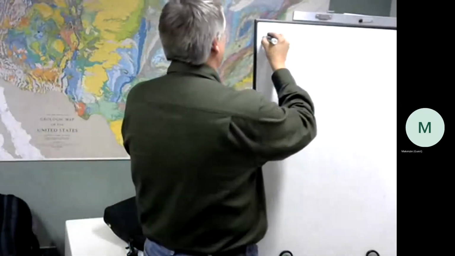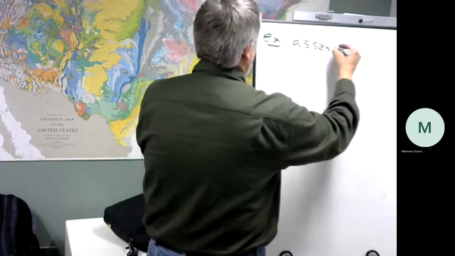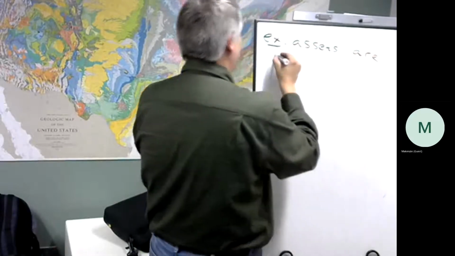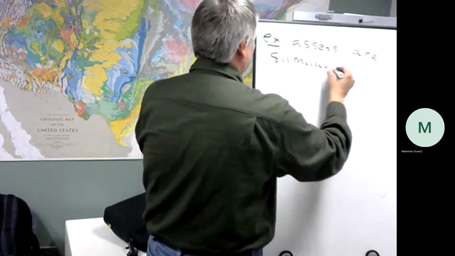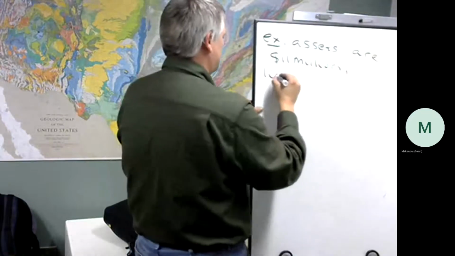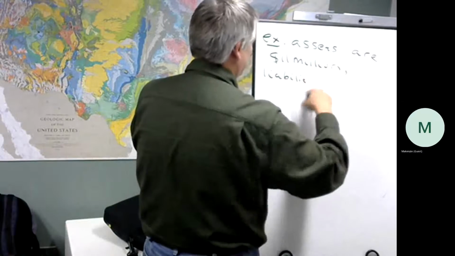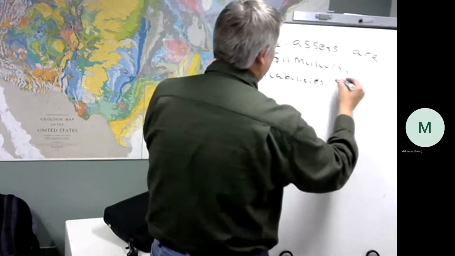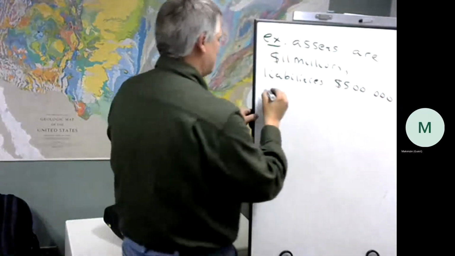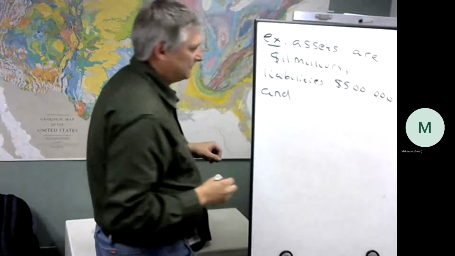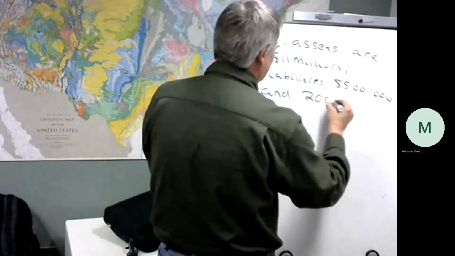Let's say the assets are 11 million. The liabilities are 500,000, and let's say there are 20,000 shares.